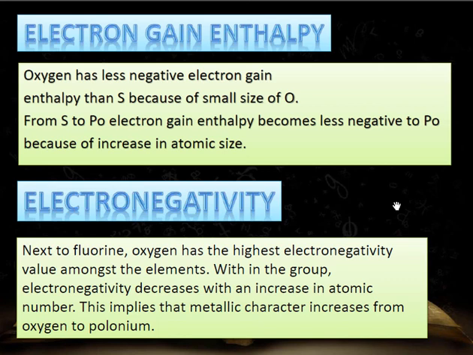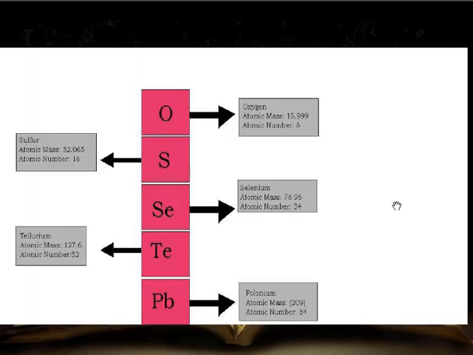Here oxygen has the highest electronegativity, and as we go down the group, from oxygen to sulfur, sulfur to selenium, selenium to tellurium, tellurium to polonium, electronegativity decreases. And as the electronegativity decreases, the metallic character increases.